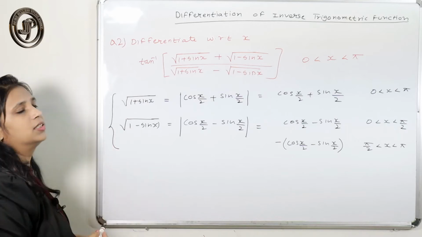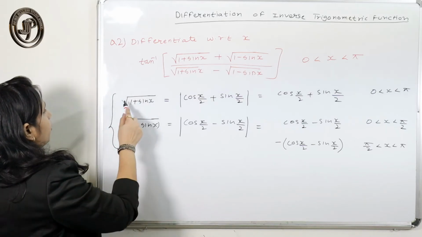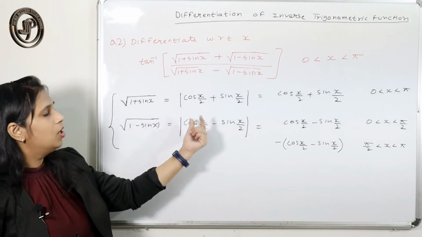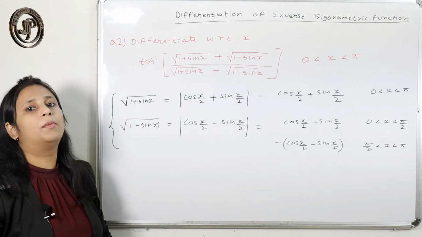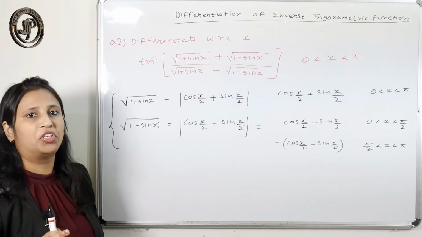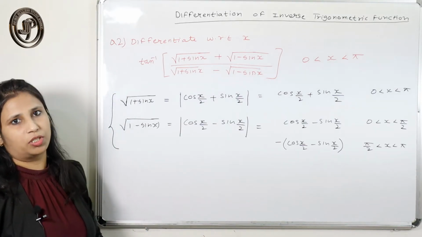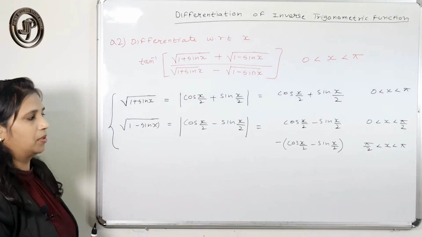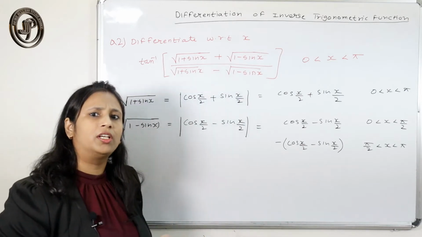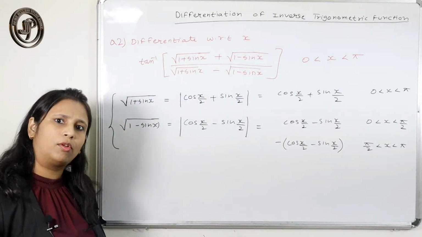So this is important. Whenever you are using this formula, this always comes under mod, whether you are using it in integration, differentiation or inverse trigonometric functions, remember this. If your question is under 0 to pi by 2, then it will be fine.